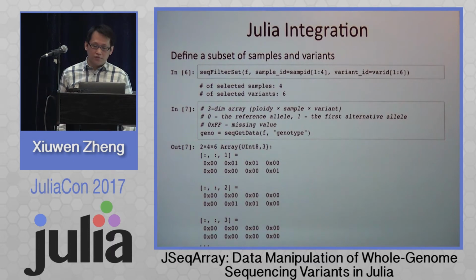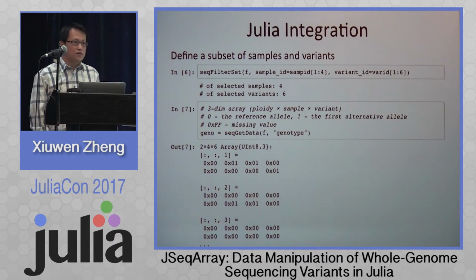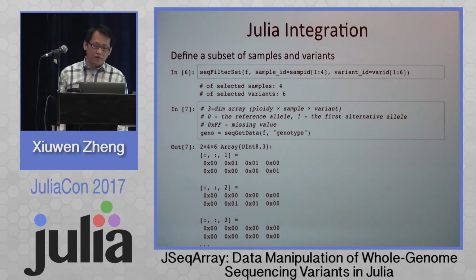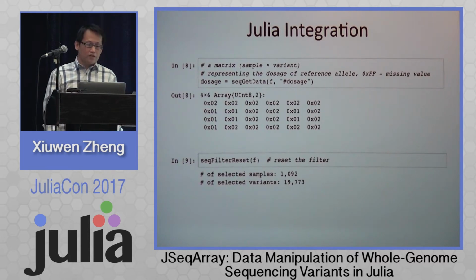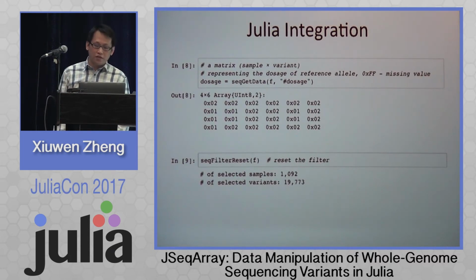Genotype is a 3-dimensional array with ploidy, sample, and variant. 0 in the genotype array is the reference allele. 1 denotes the first alternative allele. And you can see we use 255 as a missing value. Another useful array is the dosage matrix representing the dosage of reference allele.